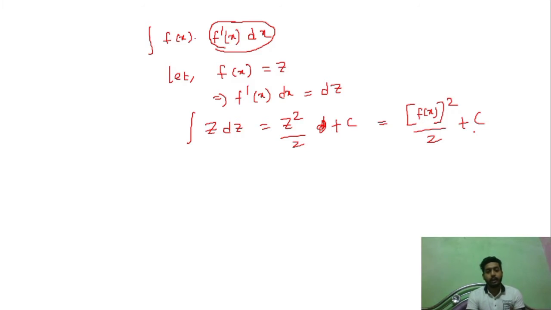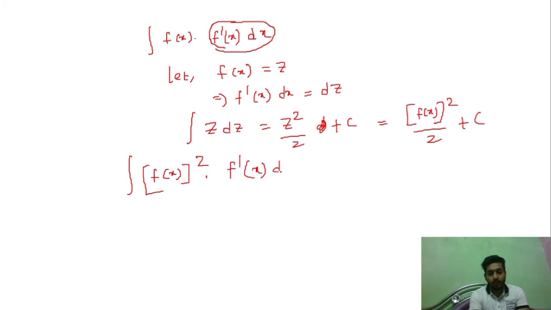If the function and its derivative lie in the same line, then the integration will be (f(x)) whole square by 2. In general, if the function square and the derivative of the function lie in a line, again we can use the formula as (f(x)) whole cube by 3 plus c.